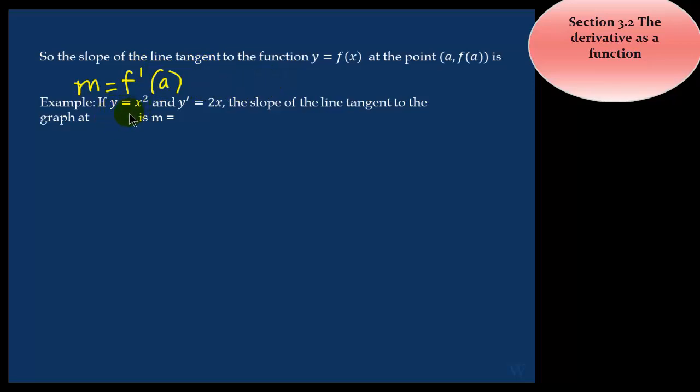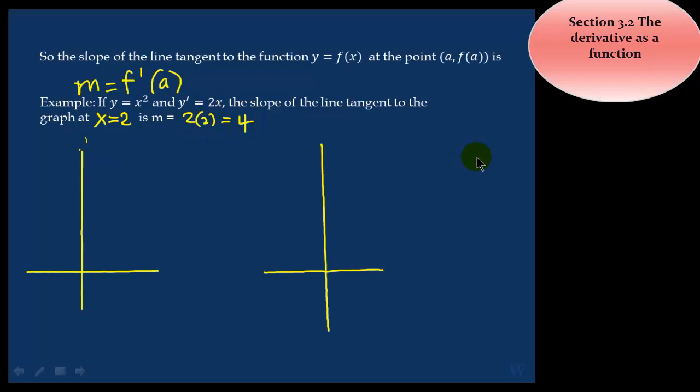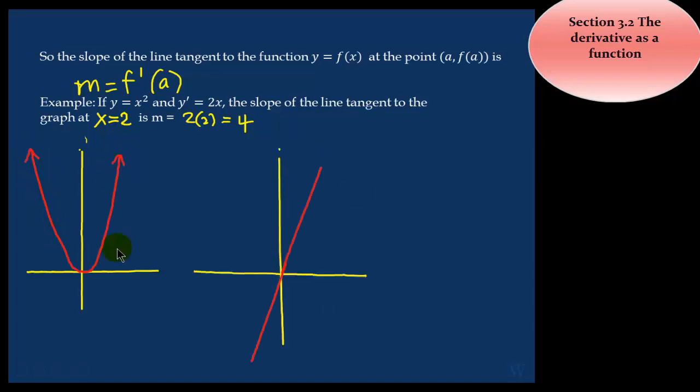Let's take, for example, y equal to x squared, whose derivative is 2x. The slope of the line tangent to the curve at x equal to 2 would be 2 times 2, which is equal to 4. So if we graph the function y equal to x squared, we get a parabola that slopes upward right there, and the corresponding derivative function is a line with slope 2.